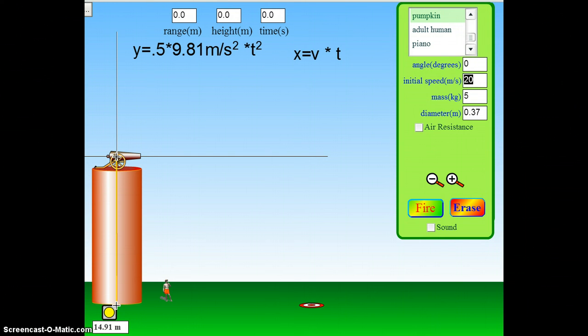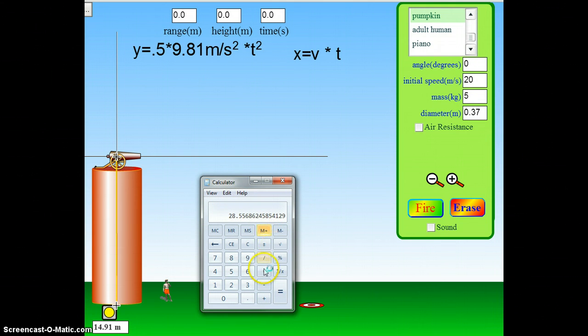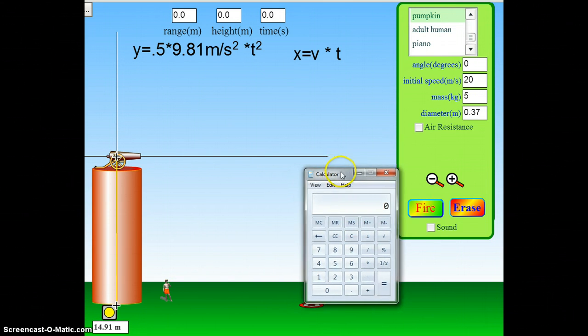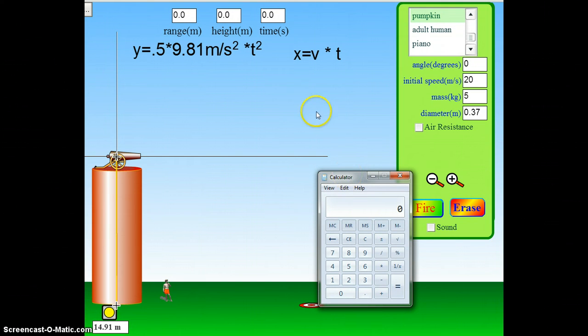Alright, so you must be ready to start calculating it. Let's look here. Got my calculator out, clear out the last problem. To find out how to get this there, we need to find velocity. To find velocity, knowing that this is 20 meters, we need time. Two variables, can't do this one first. So we've got to find time using this one.